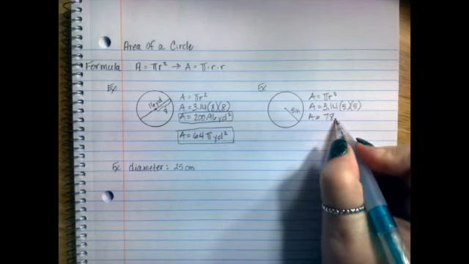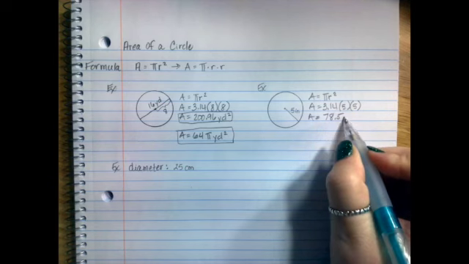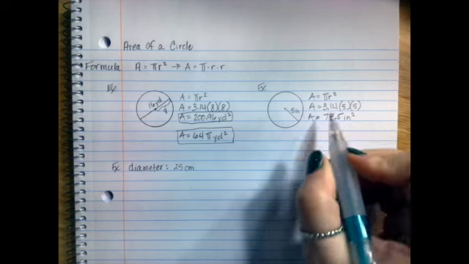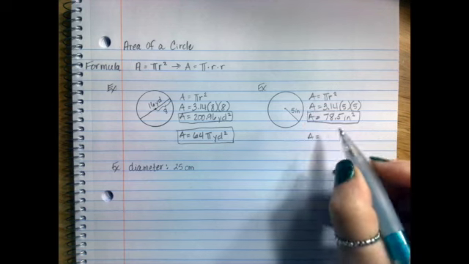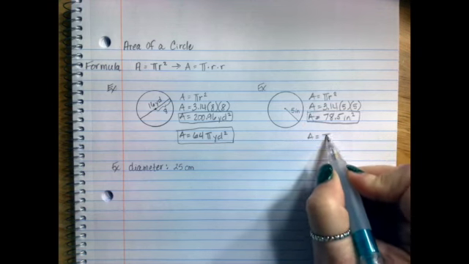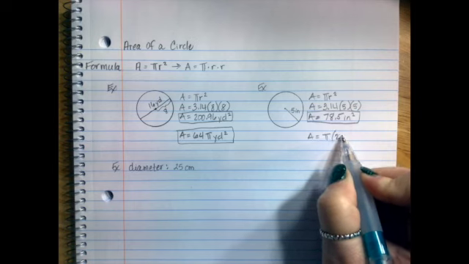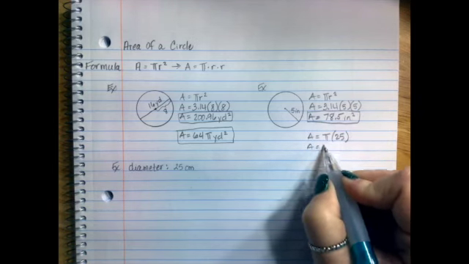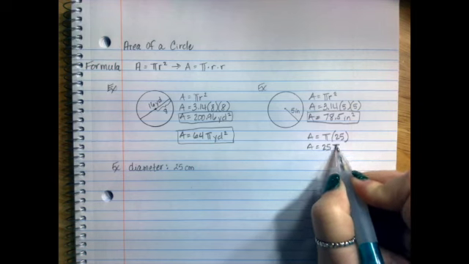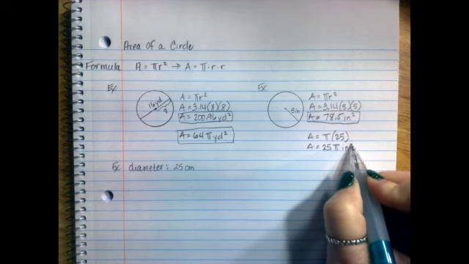So 78.5, and we're in inches. And again, square the inches. All right, in terms of pi, it would be pi times 25, because 5 times 5 is 25. So really, 25 pi inches squared.